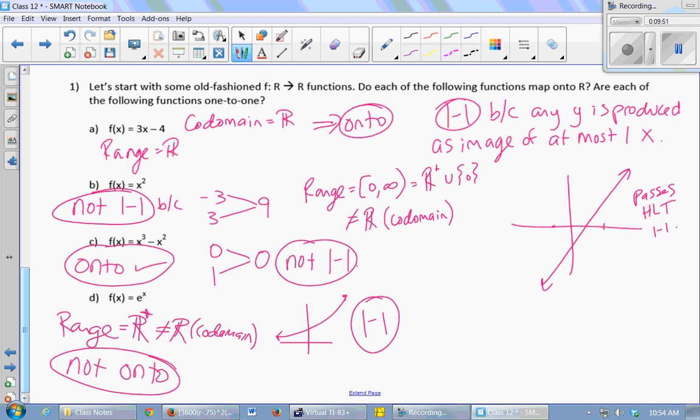That's enough of an explanation when you're dealing with a simple function from R to R. So I just picked these basic ones to help you digest the definition of one-to-one and onto before we start applying it to matrix transformations. So this one was not one-to-one, and this one was not onto.